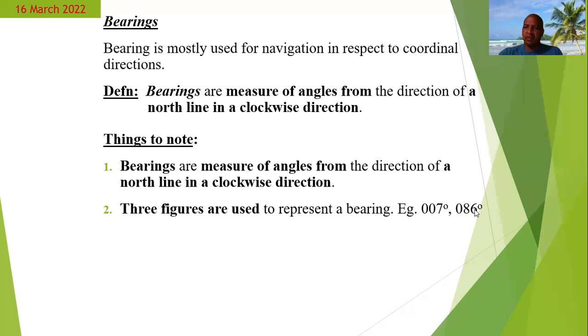If you have 2 place values, 8 and 6 here, and 8 is in the tens and 6 in the ones, then you have to fill in the 100 position with a 0.